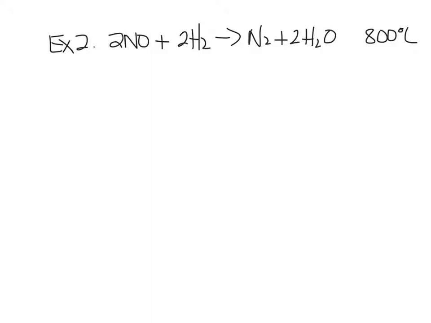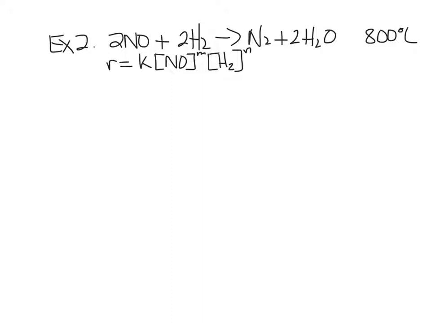So our rate law expression will be R is equal to K times our reactants to some exponent. We are going to figure out what those exponents are.